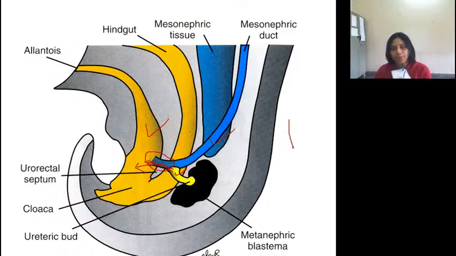If you see both sides, these are the mesonephric ducts which are coming here, which are going into the urogenital sinus here.